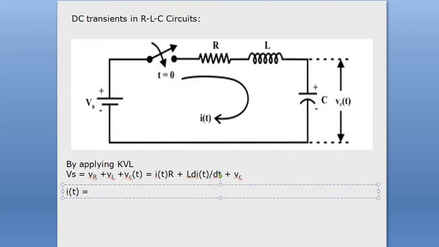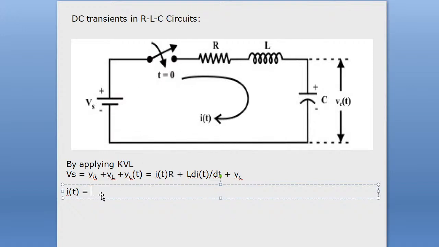You can also solve this equation in terms of current, then you change Vc in terms of I of t, but here I have changed the current in terms of voltage. I can calculate the transient response of the voltage drop across capacitor C, and then I can calculate the transient voltage for the resistor and inductor.